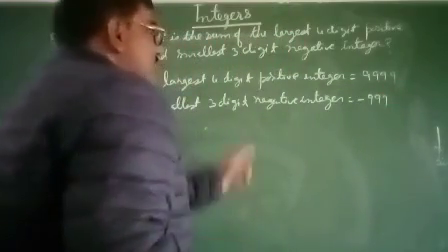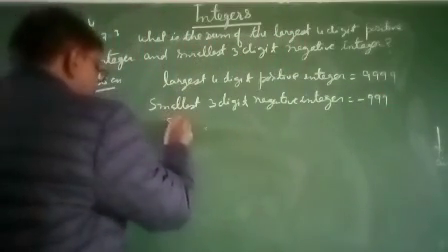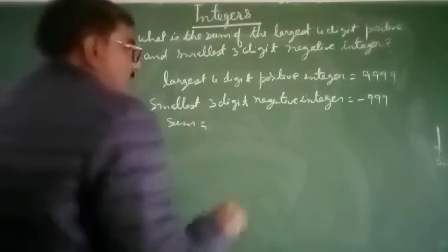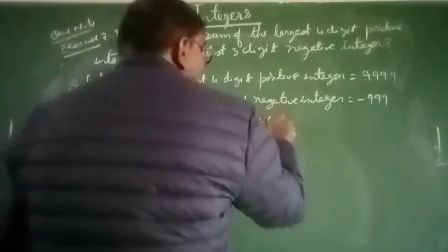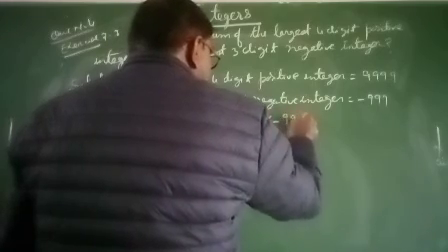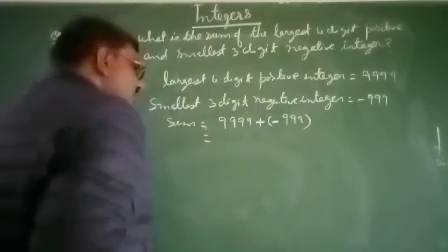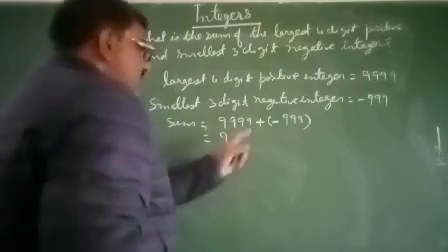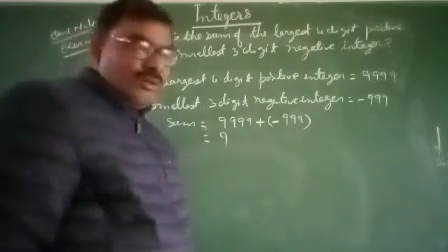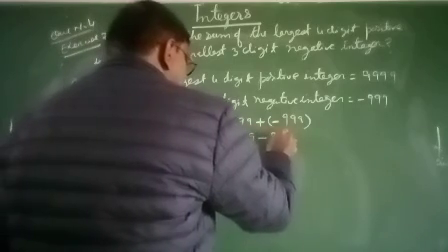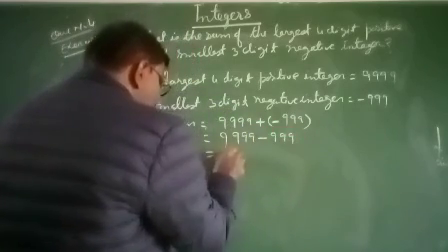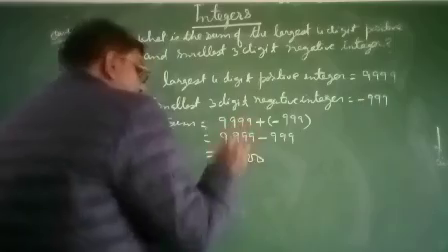So sum equals 9,999 plus minus 999. Then it will equal, here plus minus will be minus. So it will equal 9,999 minus 999, and it will equal 9,000.